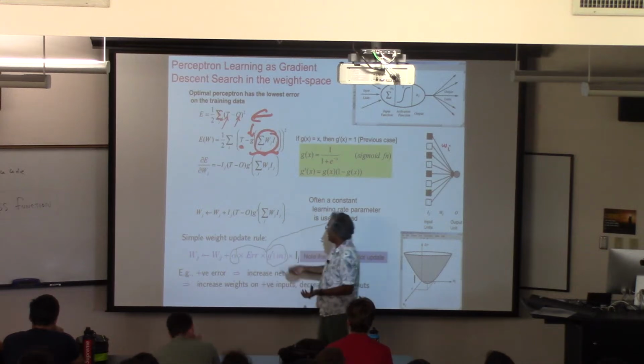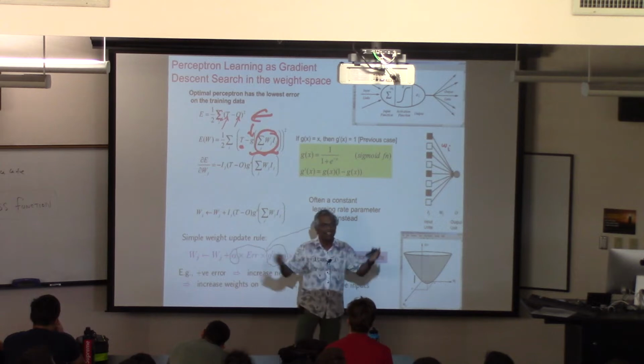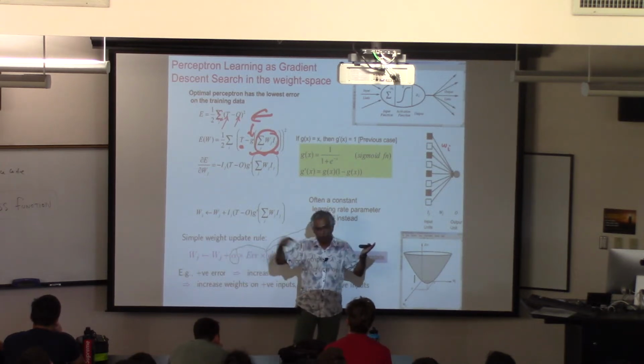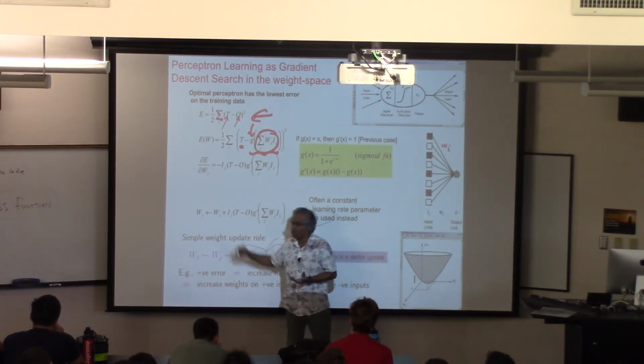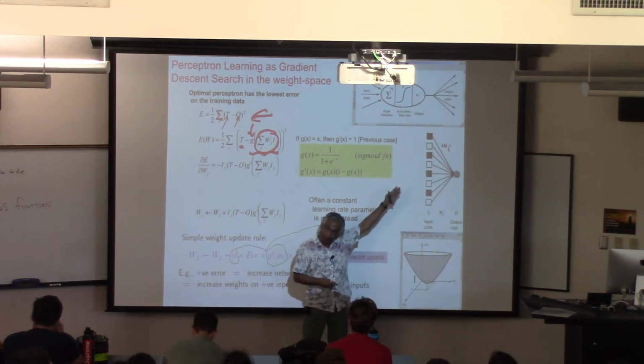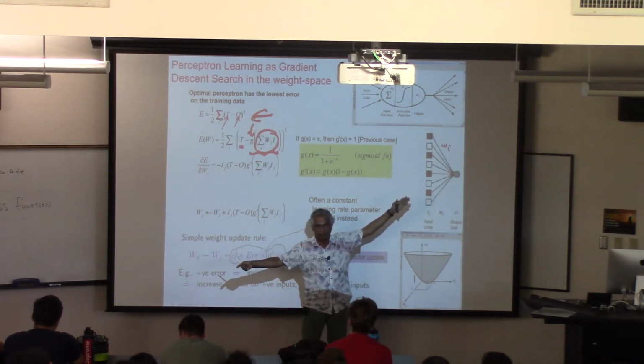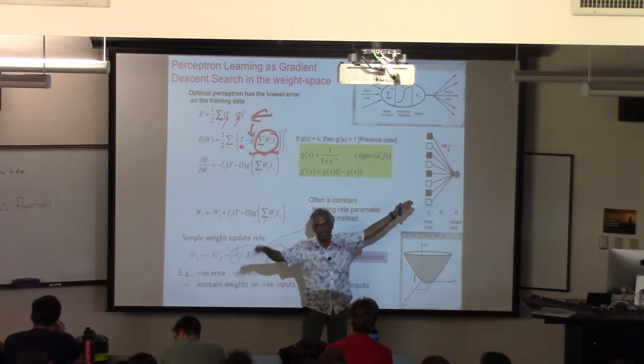So I'll assume that g dash can be done, and then I'll finally do the differential of this linear summation, but only with respect to the weight that I am differentiating it. And just as before, the only term that will survive would be the one that Wj is multiplying, which would be the feature j or the input ij.